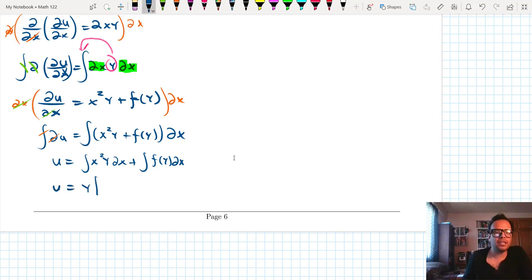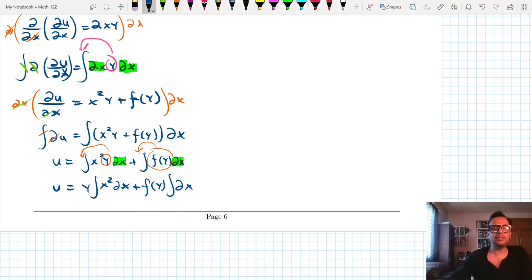This y goes outside of the integral because we are integrating with respect to x. So we get x squared dx plus, notice in this case we are also integrating with respect to x, but this function here is depending on y right there. So I'm going to pull that out of the integral. f of y integral of dx.